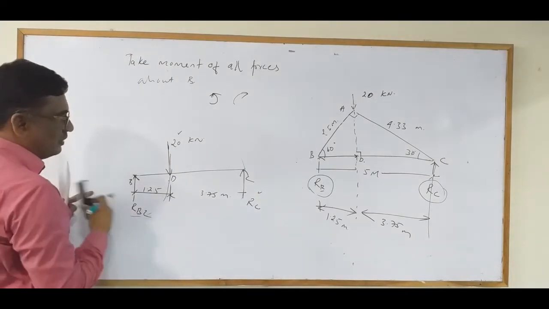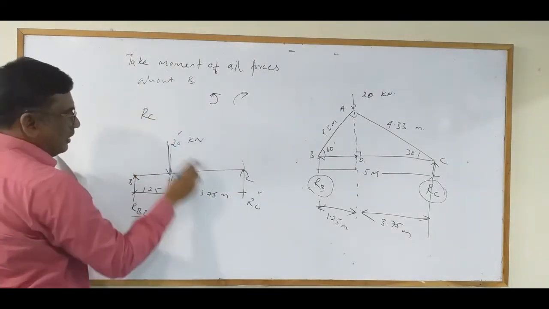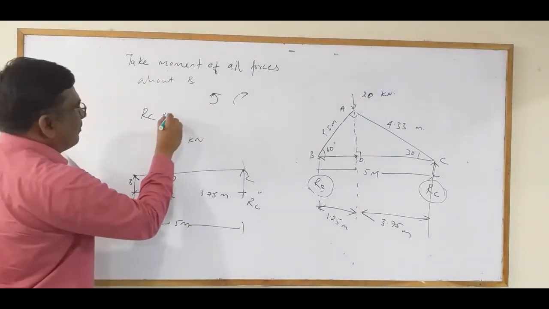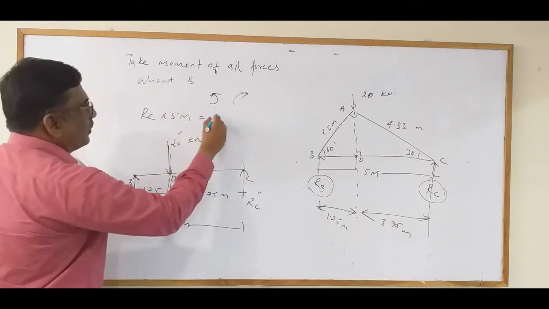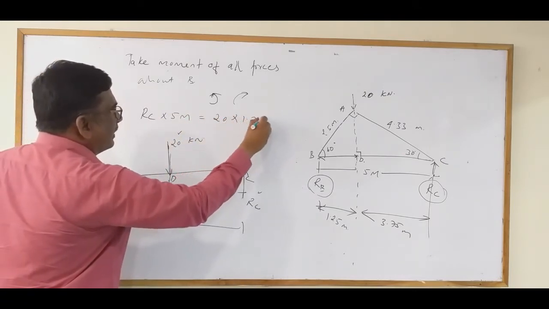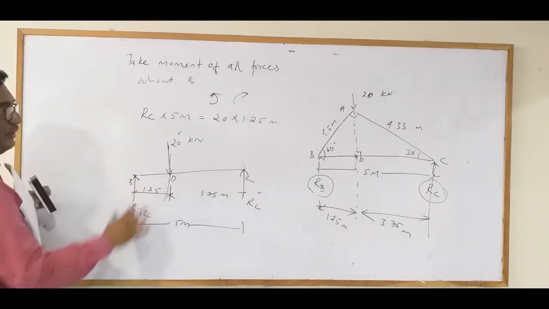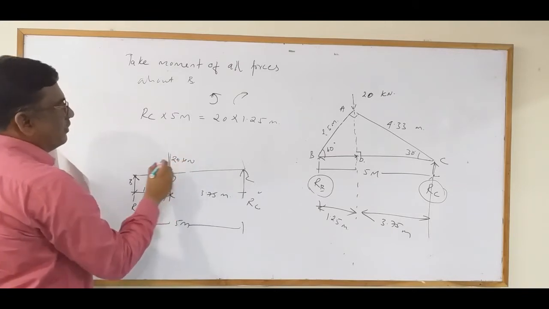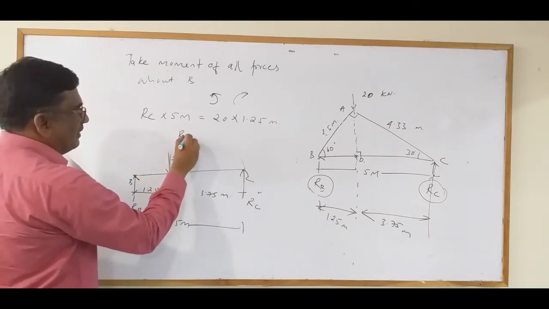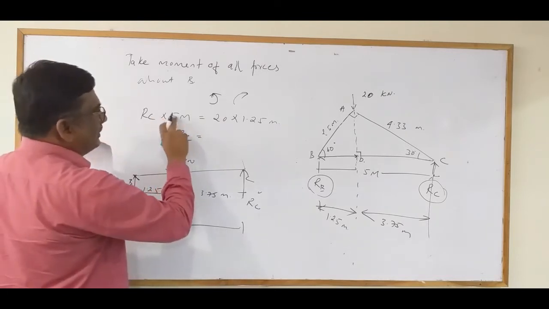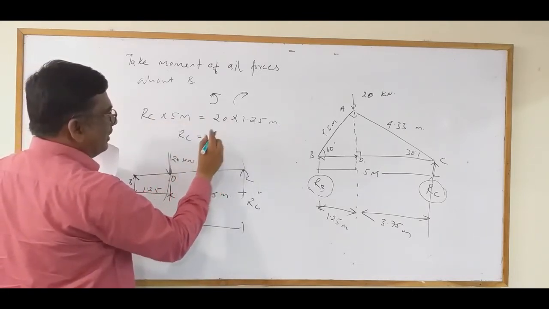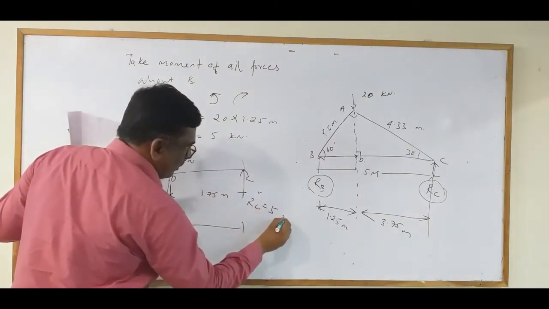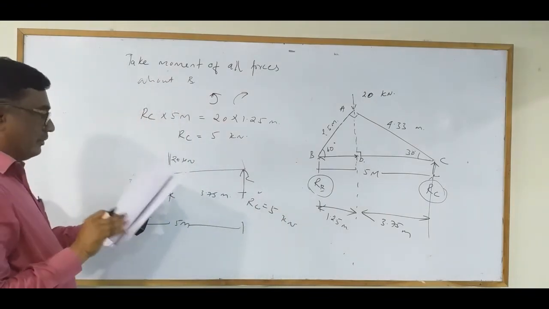So RC into this distance, 5 meter, is equal to 20 into 1.25 meter. Solving this, the value of RC is 5 kilonewton.